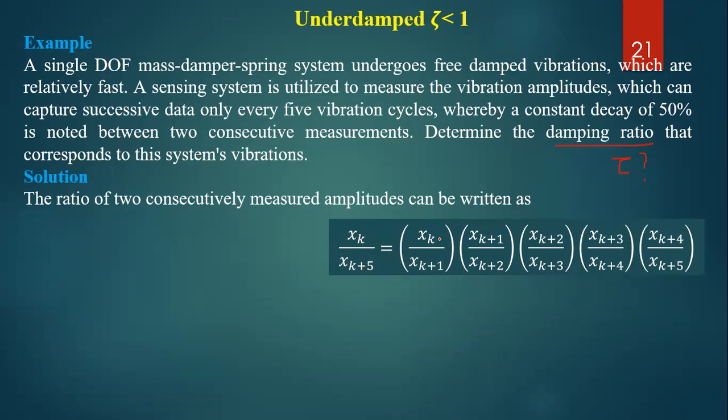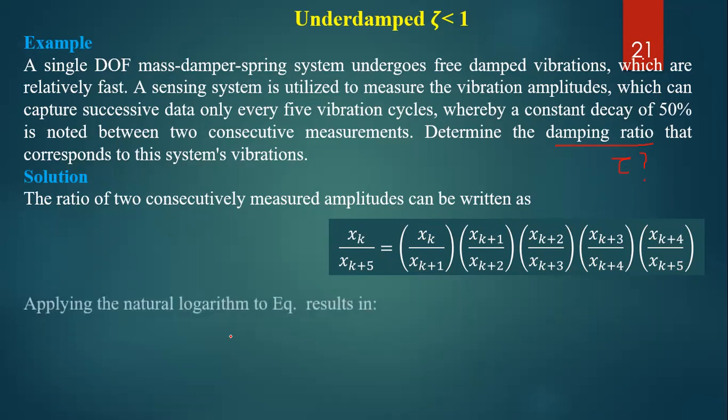So first cycle, second cycle, third cycle, fourth cycle, fifth cycle. That's why we use xk over xk plus 5. Actually, we cancel these all out, and we can finally get xk over x5. The remaining terms will cancel each other.